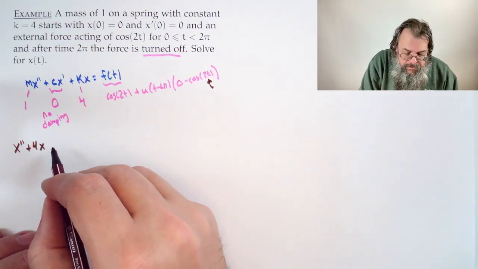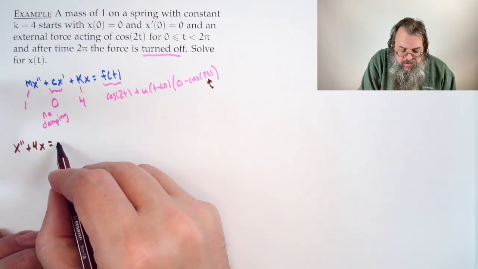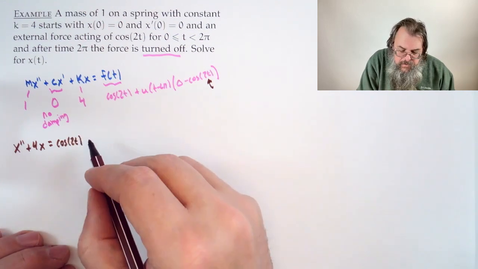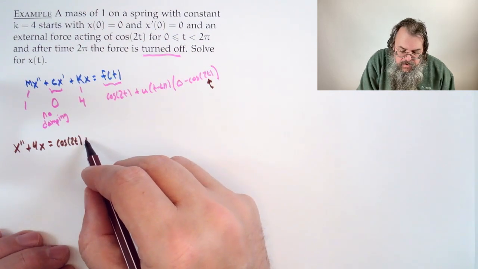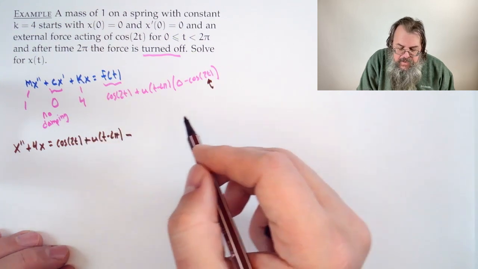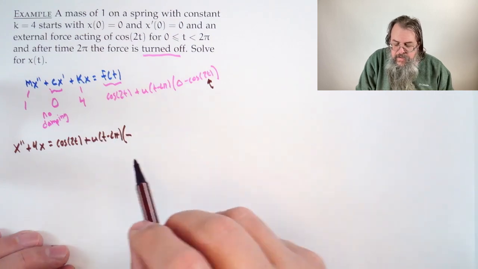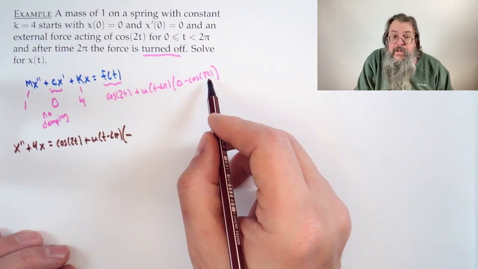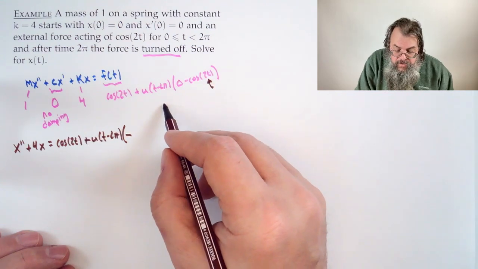So we have x double prime plus 4x is equal to cosine of 2t. And u of t, well, all right, we'll write it as u of t minus 2 pi. Subtract, on this side, there's a subtract. And now, the thing is, we need this to be t minus 2 pi. So we do what we ought to do.